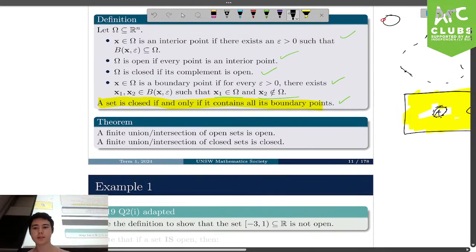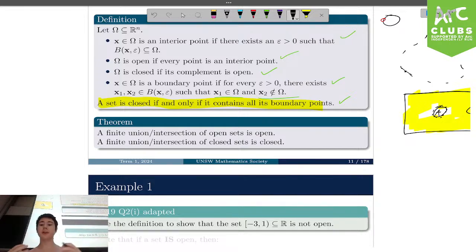Next up, let's talk about a few of our set theorems, okay? We know that the finite union or intersection of open sets is always going to be open, and the same rule applies for closed sets, right?